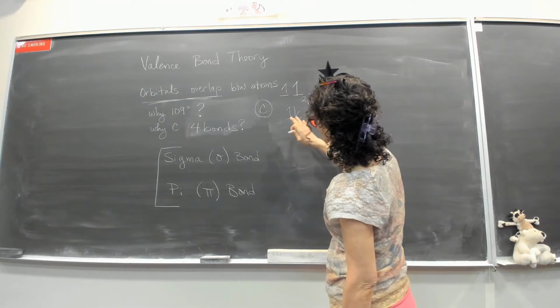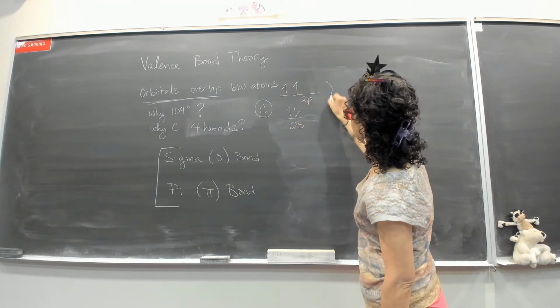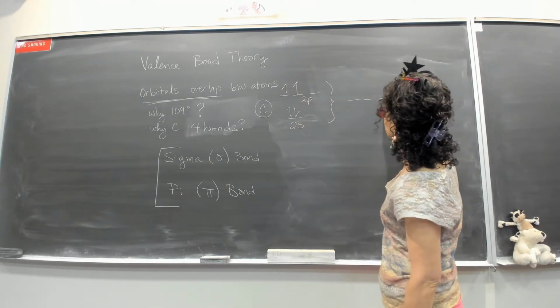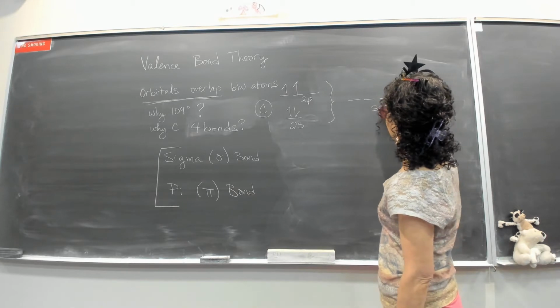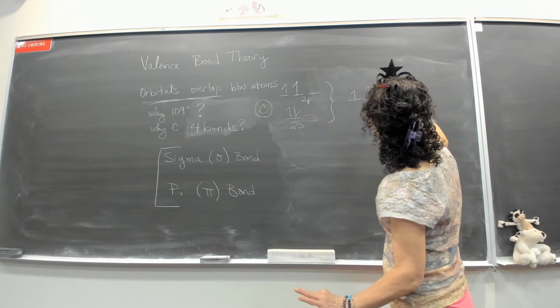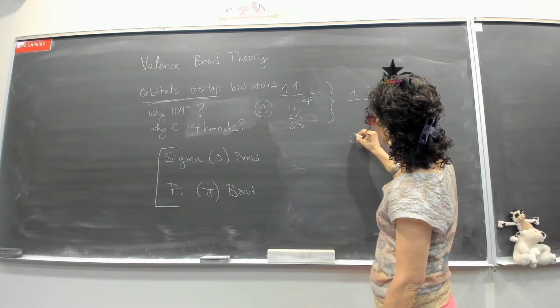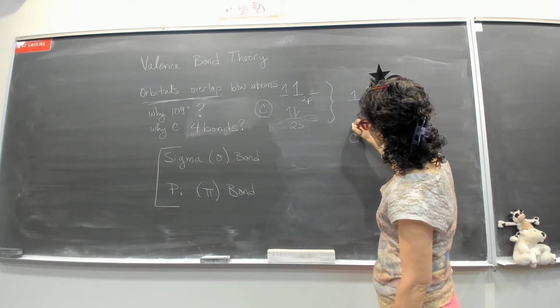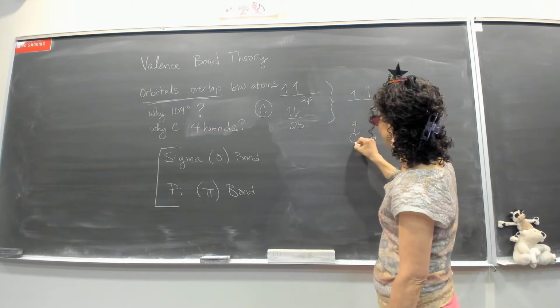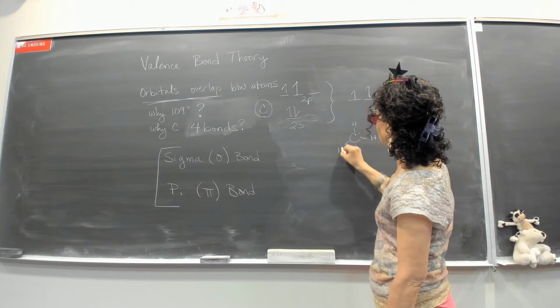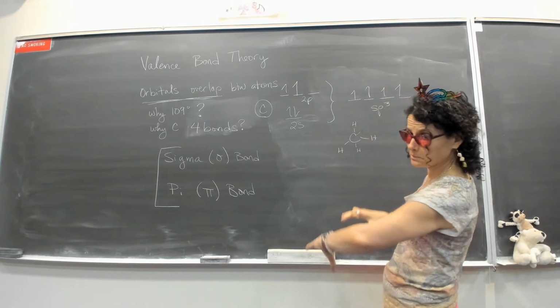So we have 4 electrons total, and these overlap into the sp3. So they're all equal, and so now the carbon has these 4 equal, and it can make the CH4, which would be tetrahedral, so these 3 would be coming down.